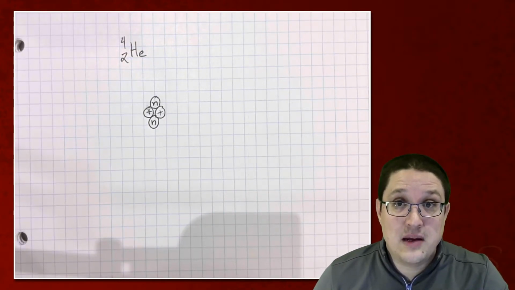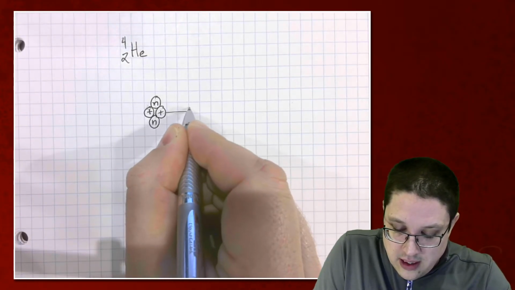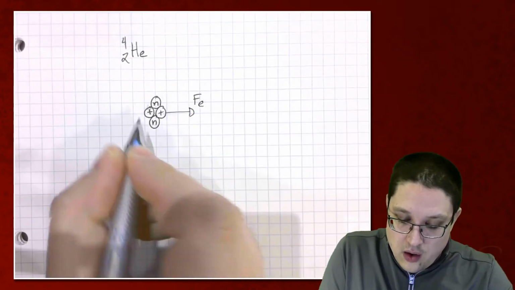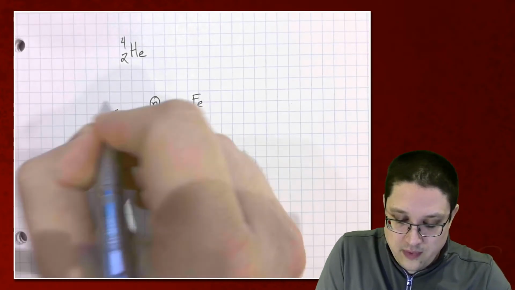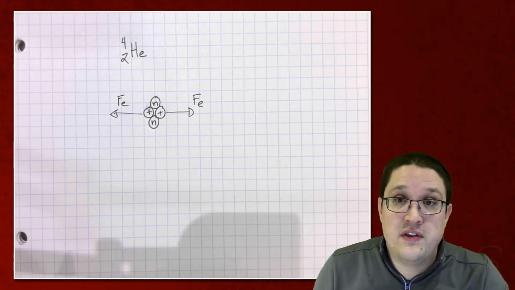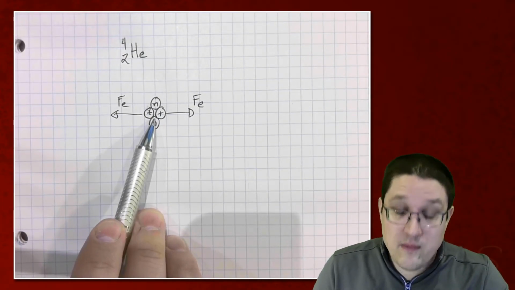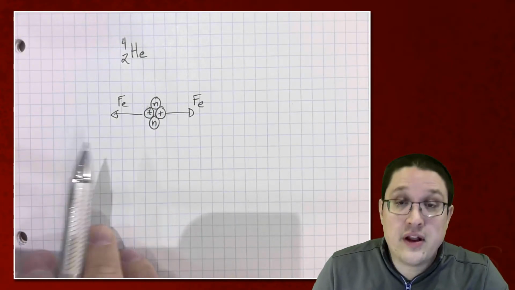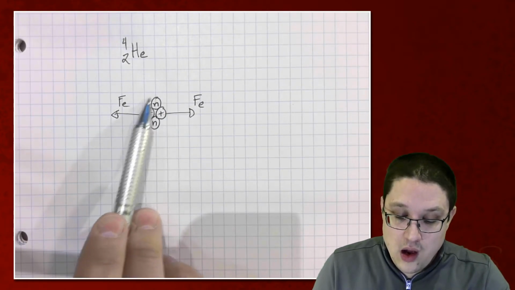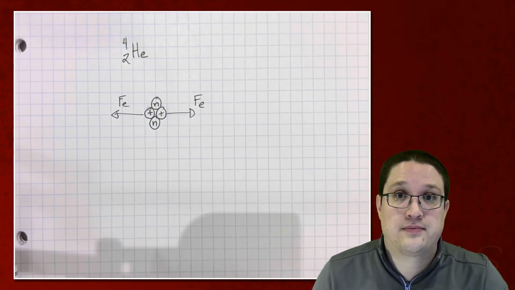Now with helium-4, these 2 protons here experience an electrostatic force repelling each other. So the electrostatic force in both of these, if you remember Coulomb's law, the closer they are, the more they repel each other. They are very, very close in the nucleus of an atom, so they should repel each other. Why does this nucleus stick together?